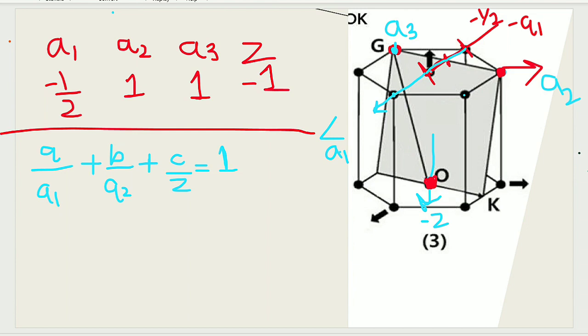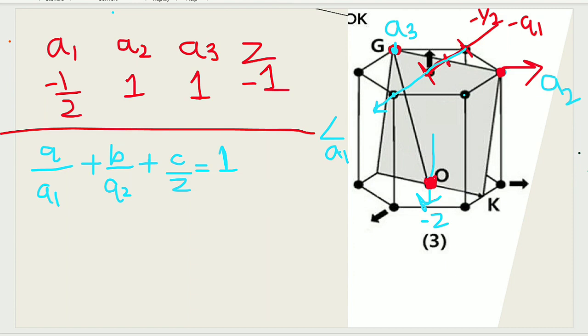And how can we reach that point starting from origin without moving along the A3 direction?